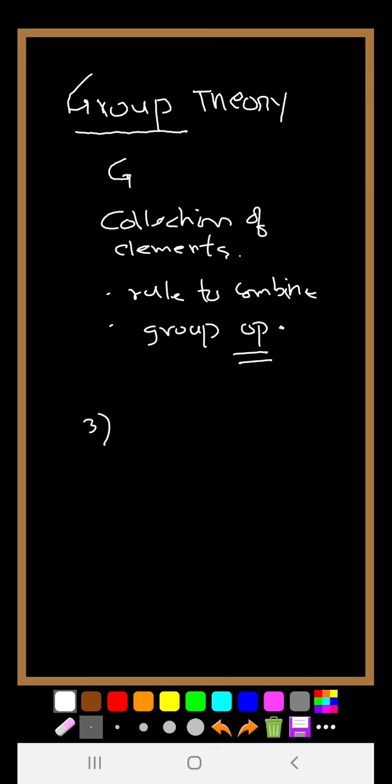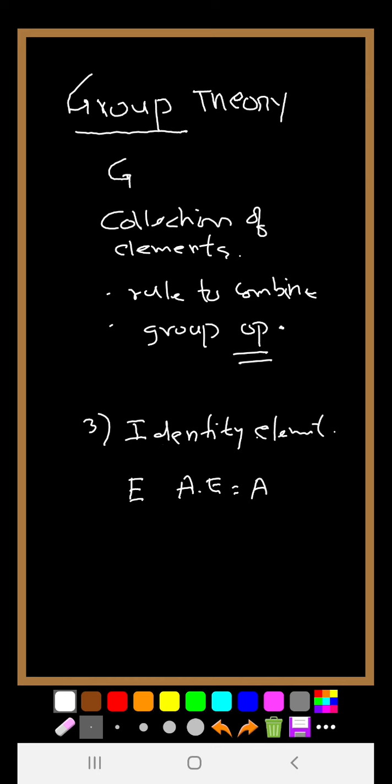is the existence of an identity element. That means there has to be an element E such that any element, if it gets operated by this identity element, gets back the original element.